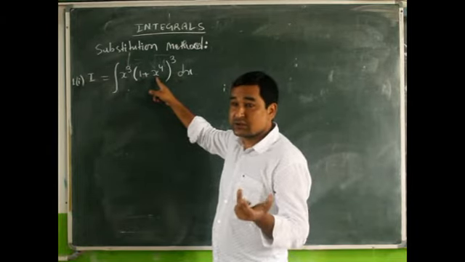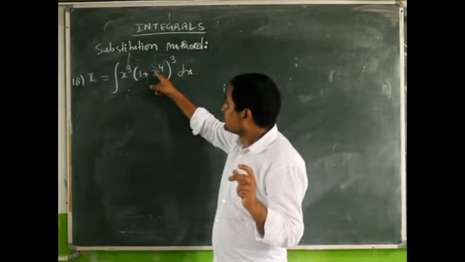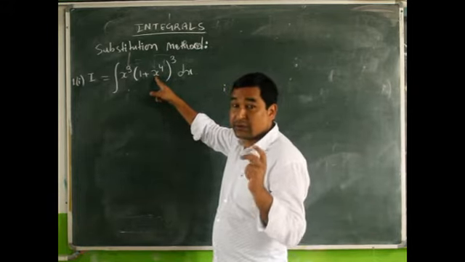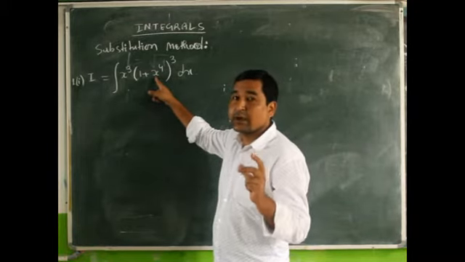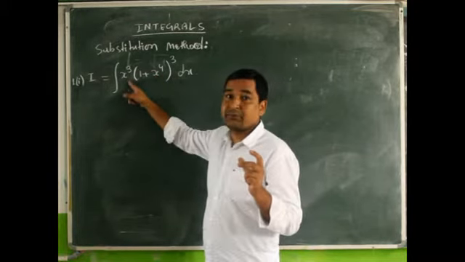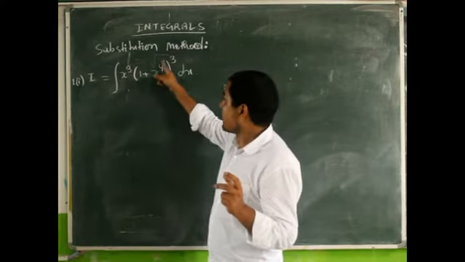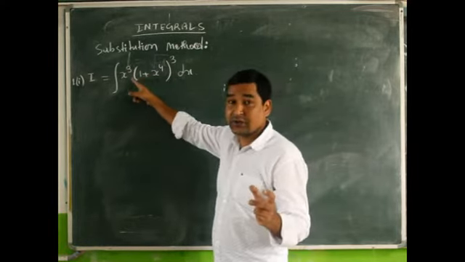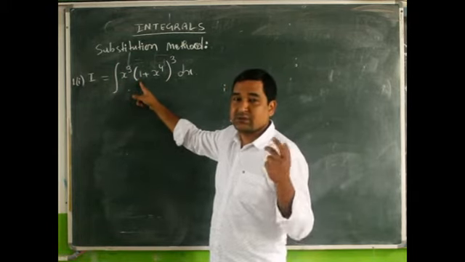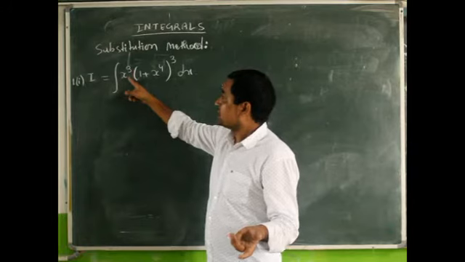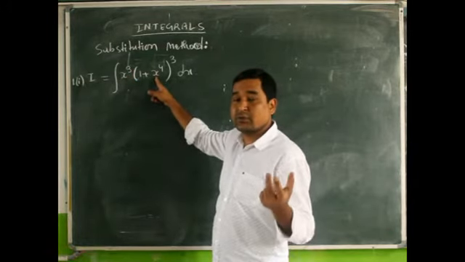Don't worry about the constant, just think about the variable parts. The differentiation of x to the power 4 is 4x cube. X cube is there, that means this is the answer, and 4 is a coefficient. The 1 is not disturbing to get this answer, because the differentiation of a constant or number is 0, and the differentiation of x to the power 4 is 4x cube.